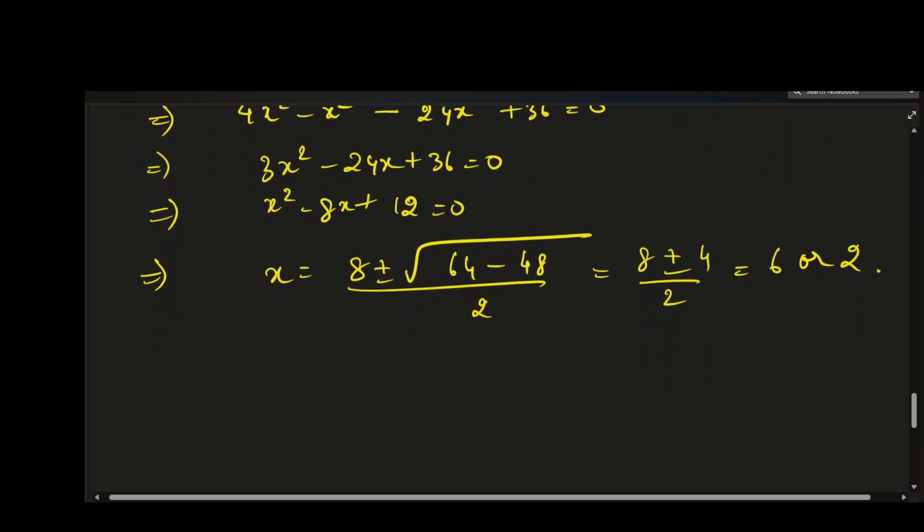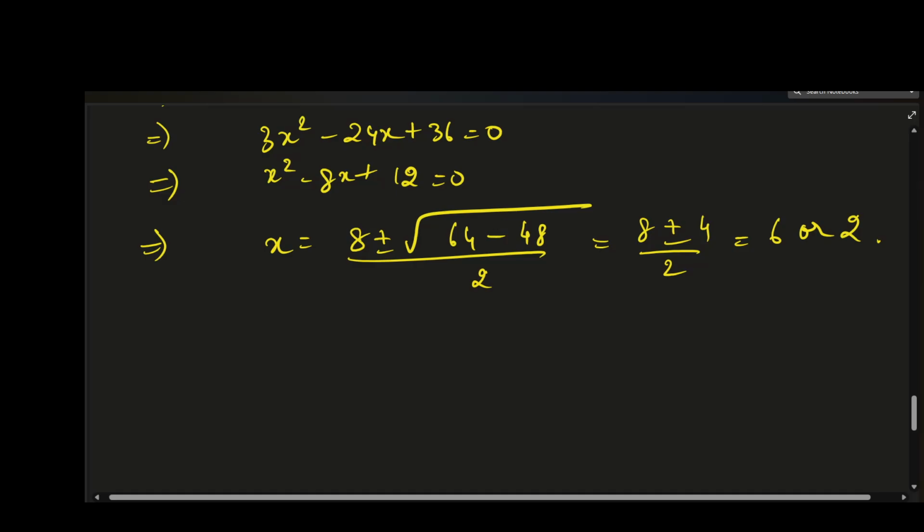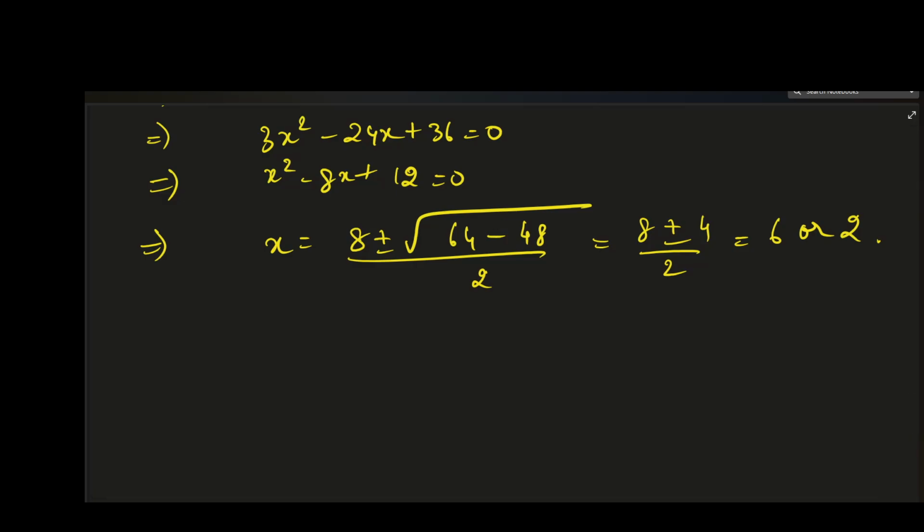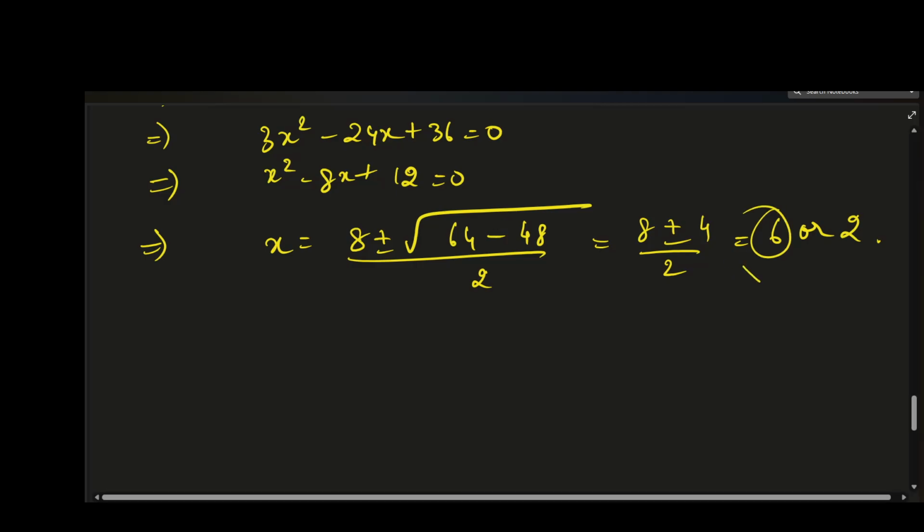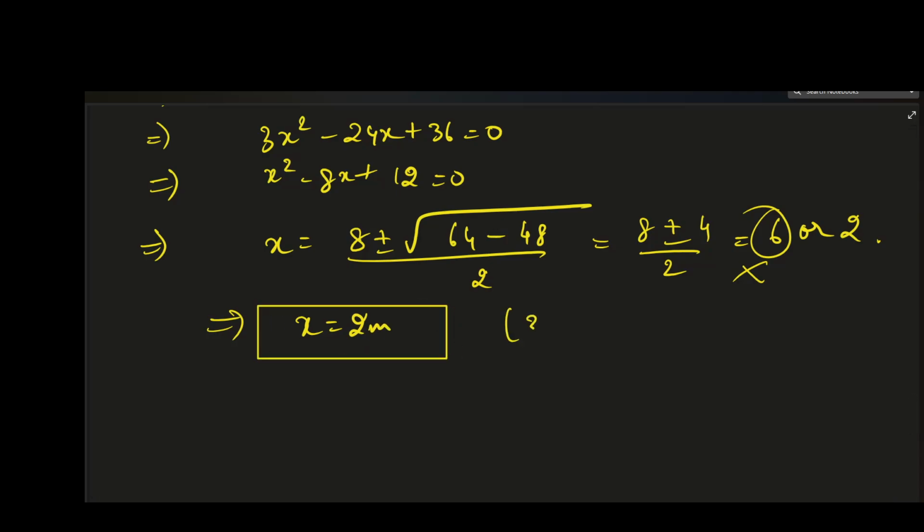So if my x is going to be 6 meters, it is not valid, right? Because the entire distance between the plus 4q and plus q at the extreme itself is 3 meters. So my x cannot be 6 meters. This is wrong. So my x is supposed to be 2 meters and my 3 minus x is supposed to be 1 meter.